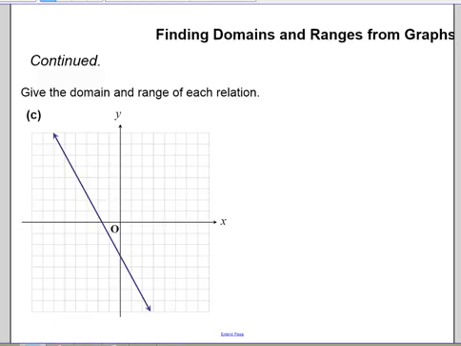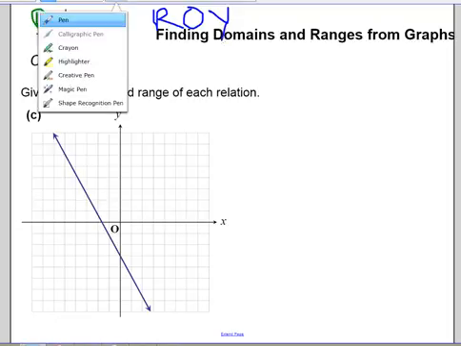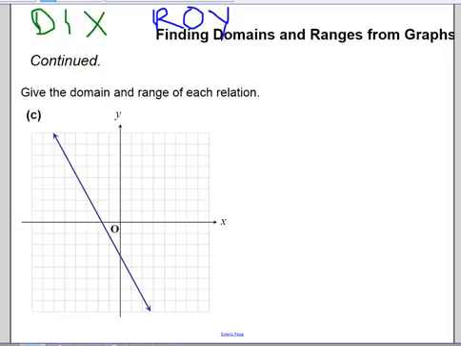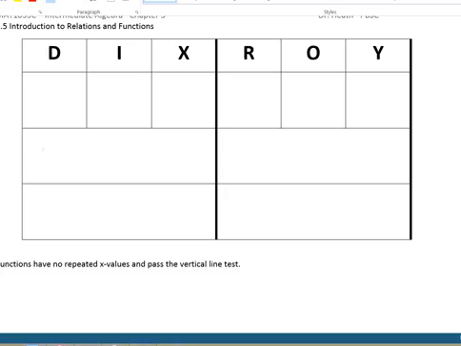Okay, let's look at the next example. Give the domain and range of each relation. Remember, domain is all your inputs, your x values, while your range is all your outputs, your y values. So your domain, this on the x-axis, we see that this graph will continue to go forever to the left.